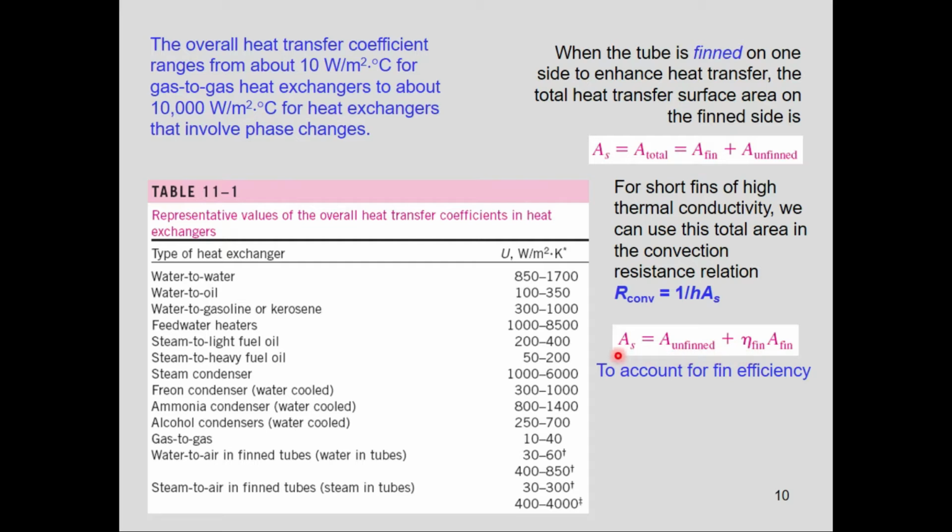For example, if we install the external surfaces on a tube outside of the tube, and the fins are efficient only 60%, then we have to multiply 0.6 with the surface area of the fins, right? So it depends upon the efficiency of the fins that we are installing, and it ultimately also depends upon the geometry of the extended surfaces or the fins that we are installing outside the heat exchanger.